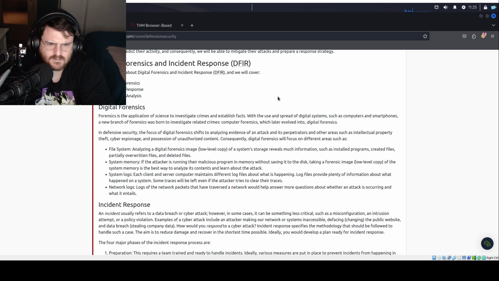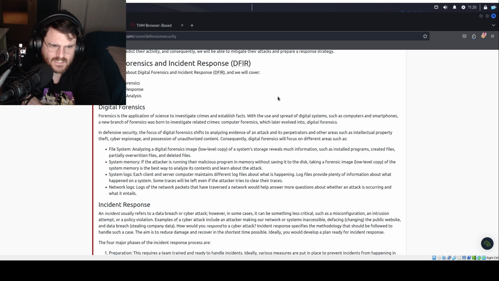In defensive security, the focus of digital forensics shifts to analyzing evidence of an attack and its perpetrators, and other areas such as intellectual property theft, cyber espionage, and possession of unauthorized content.